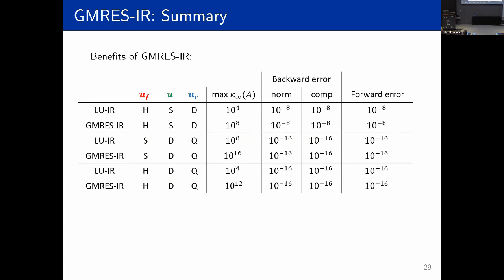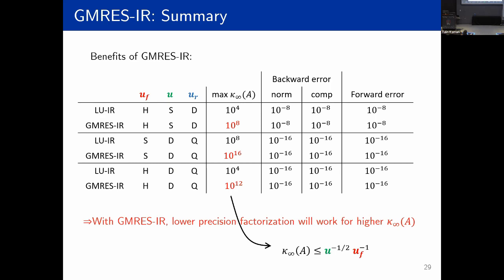And so just a quick table comparing the LU-based iterative refinement to the GMRes-based iterative refinement. Basically, in the same precisions, half, single, double, the benefit is that GMRes-based iterative refinement can handle more ill-conditioned systems. If you're wondering where this 10 to the 12 comes from, that's what the constraint actually looks like.